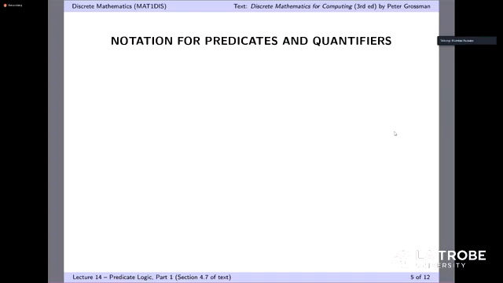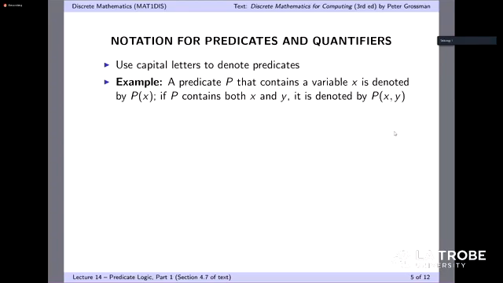Now let's look at some notations for predicates and quantifiers. So use capital letters to denote predicates. Now we are on actual examples that we are doing. A predicate P that contains a variable x is denoted by Px. If P contains both x and y, it is denoted by Pxy.